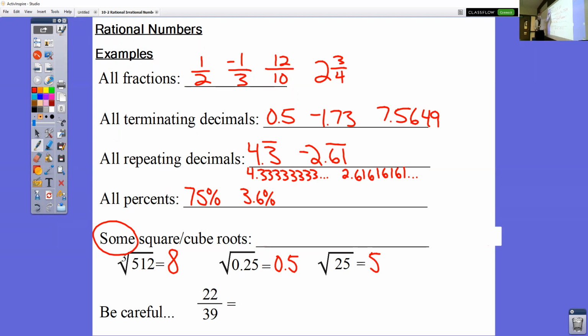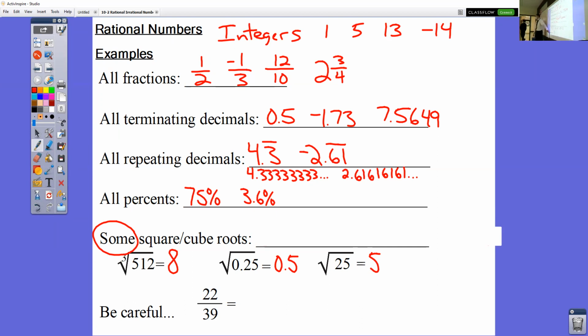So we could actually add to this list of rational numbers any integers, so any non-decimal numbers. So for example, 1 or 5 or 13 or -14, they could be positive or negative.